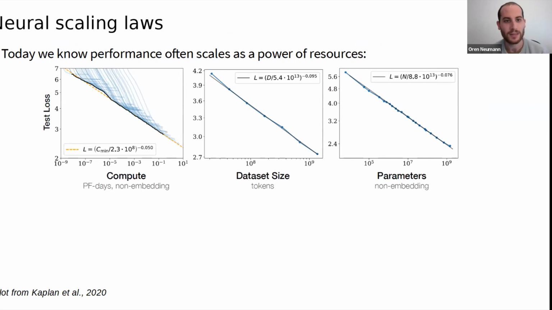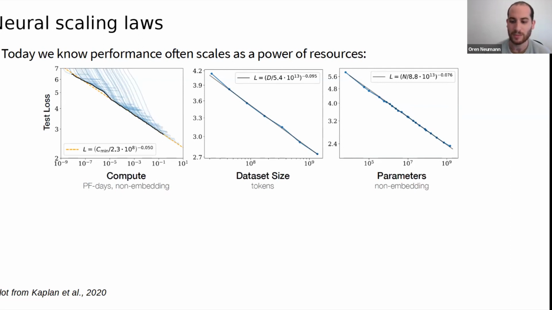And you can see that the test loss here in log-log scale scales like a straight line with compute, dataset size, or the number of neural network parameters. A straight line in log-log means it's a power law. So the test loss decreases as a power law of compute, data or parameters.